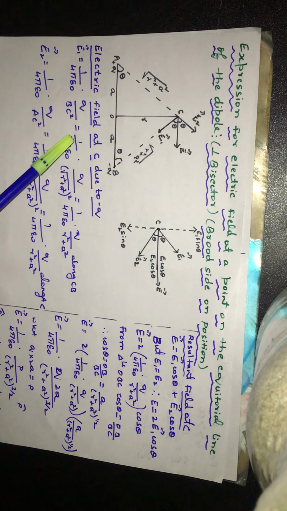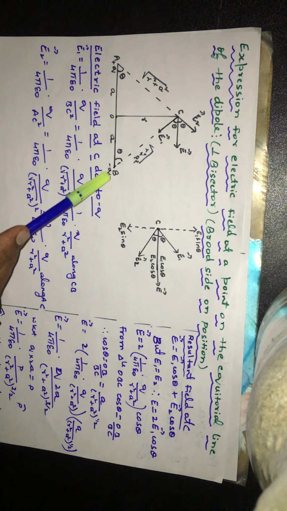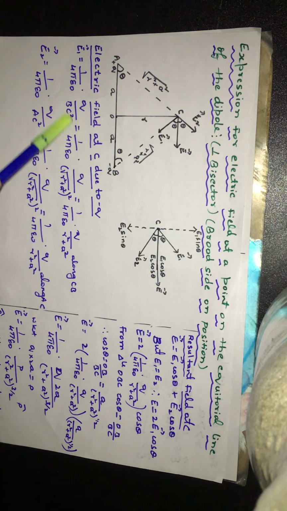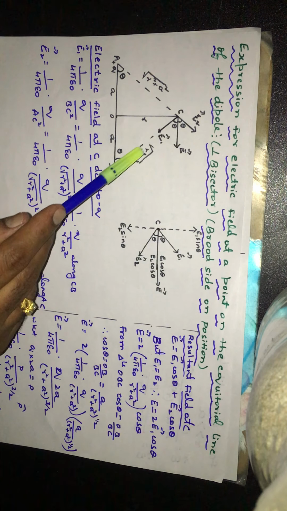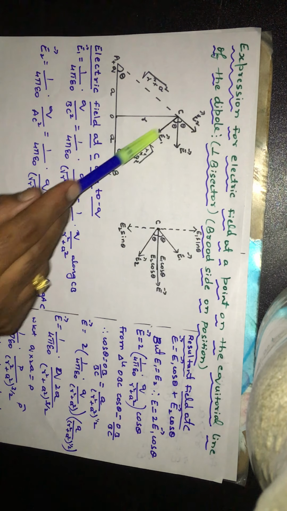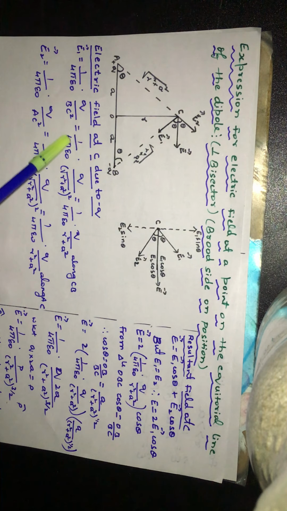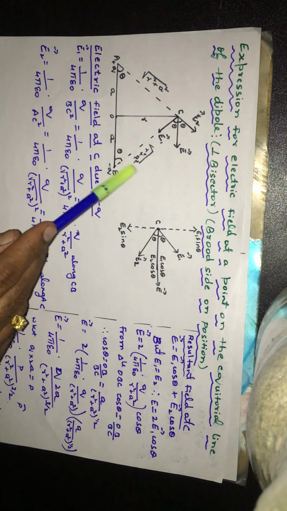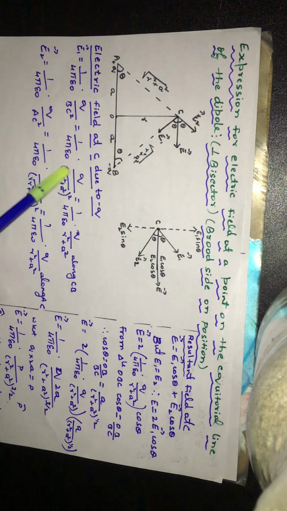So electric field at C due to minus Q will be 1 by 4 pi epsilon naught into Q by BC square, and you know that BC is root of R square plus A square. So square of root of R square plus A square, where square and square root get cancelled, leaving behind 1 by 4 pi epsilon naught into Q by R square plus A square.